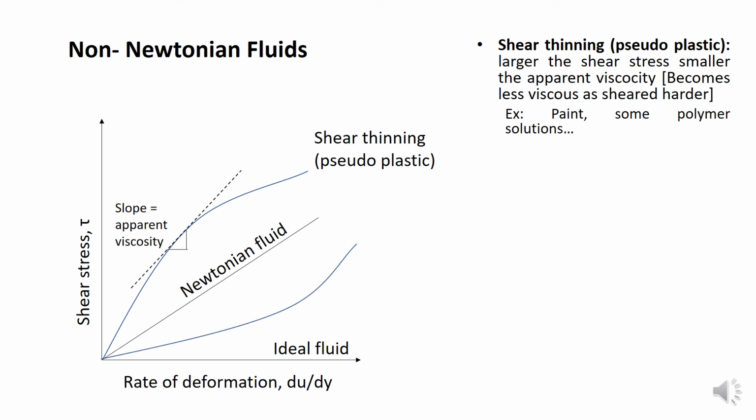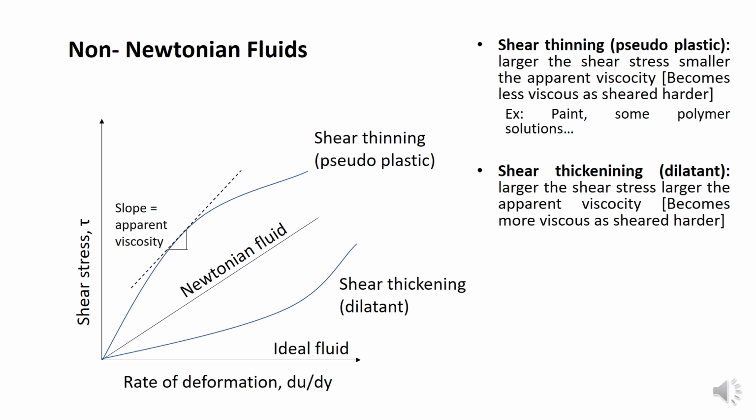Another case is where, in the initial phase, the viscosity was lower, and as the shear rate increases, the viscosity increases and the slope increases. Such fluids are called shear thickening fluids or dilatant fluids.